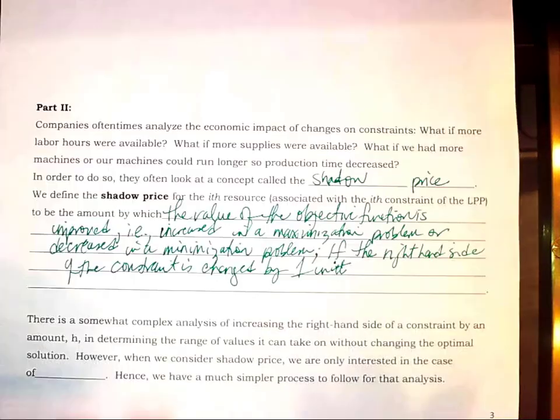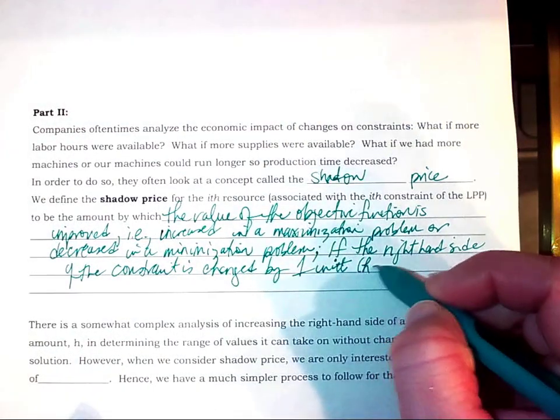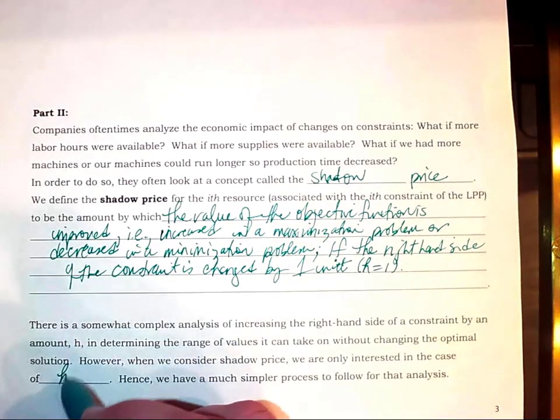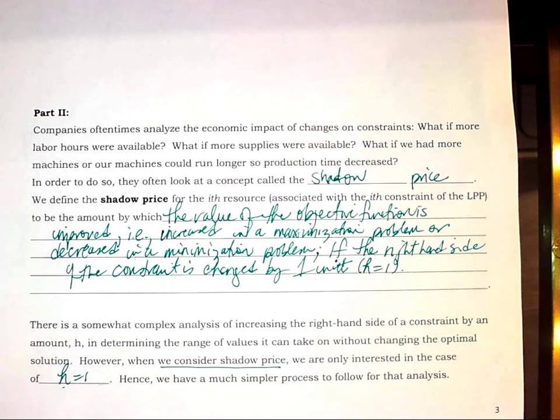So the textbook will take you through the generic h value added to any constraint, and then they specify the shadow price for h equal to 1. So that's what we're going to fill in down here. When we consider shadow price, we're only interested in the case of h equals 1. And I'm actually not going to do any examples of the generic h case. If you're interested in that, you can read through the text.